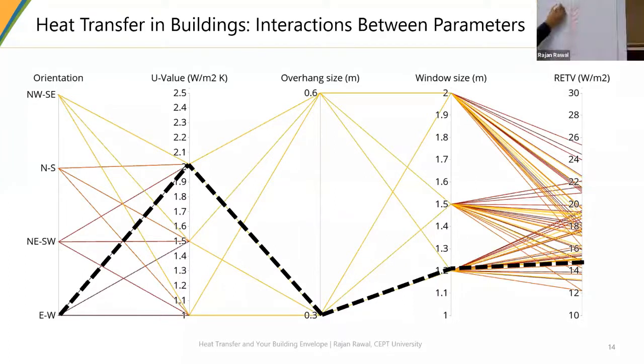So let's say you have a stone or a brick wall here. This is inside, this is outside.